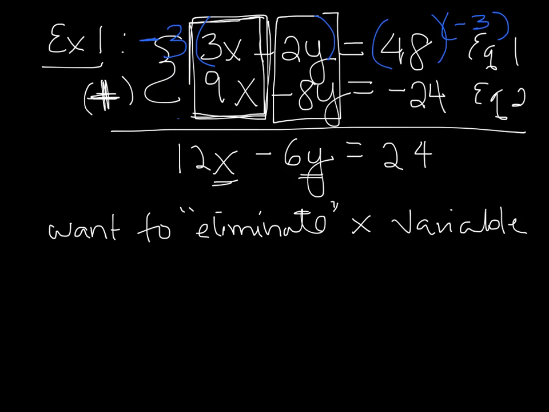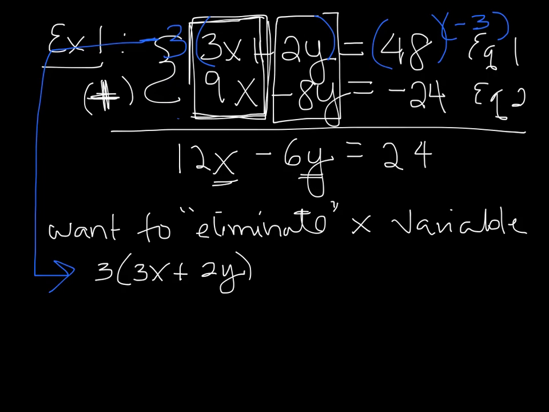And why did I do that? Well, I'm just going to write this down again. 3x plus 2y equals 48, times negative 3.